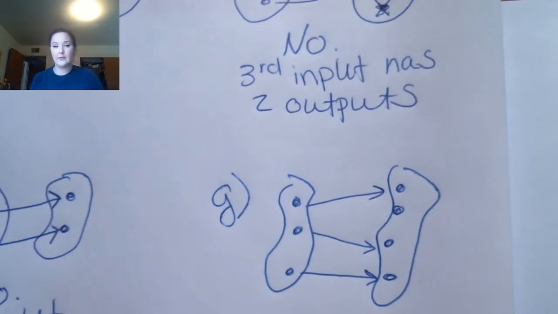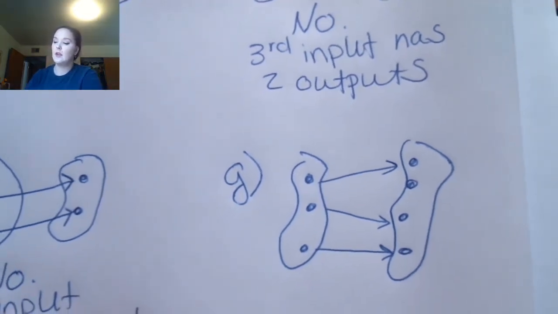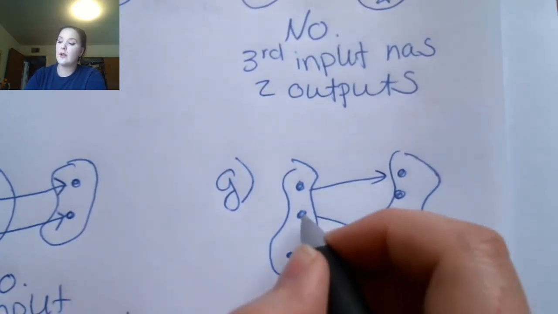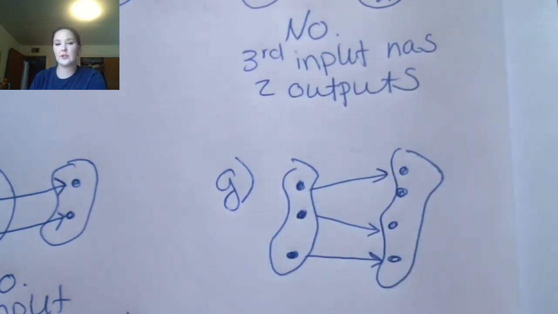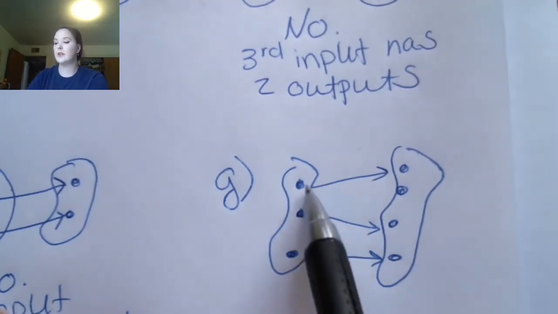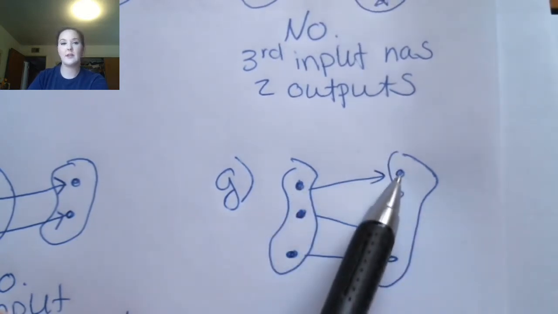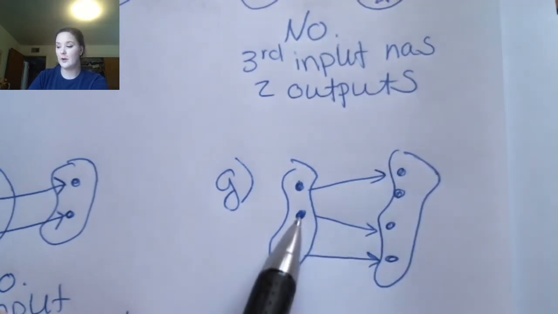All right, if you look at this, we're going to check the inputs. It's really important to remember that when you're talking about whether something is a function or not, you are checking each input. You're not checking the outputs at all. So we're going to look at this input value. Is there an associated output? Yes. Is there more than one? No. Here, is there an output?